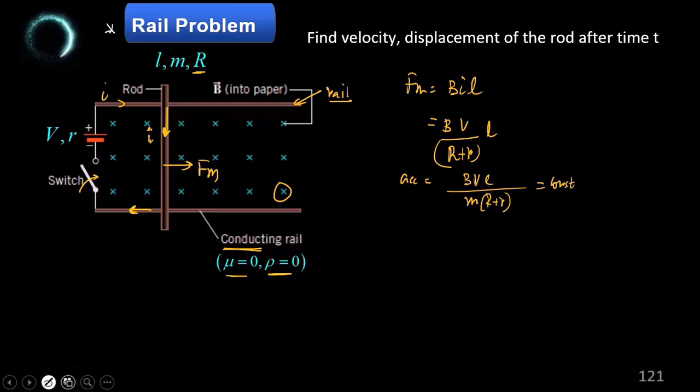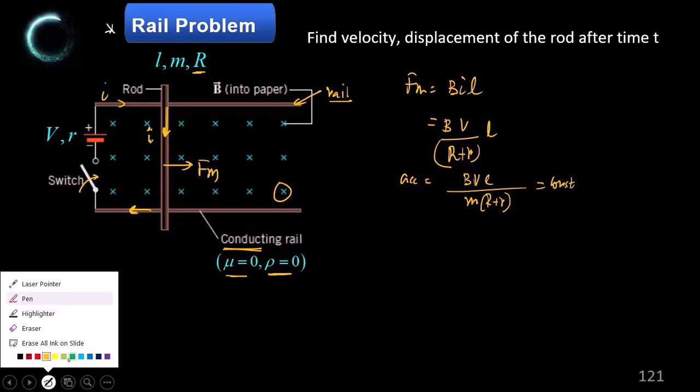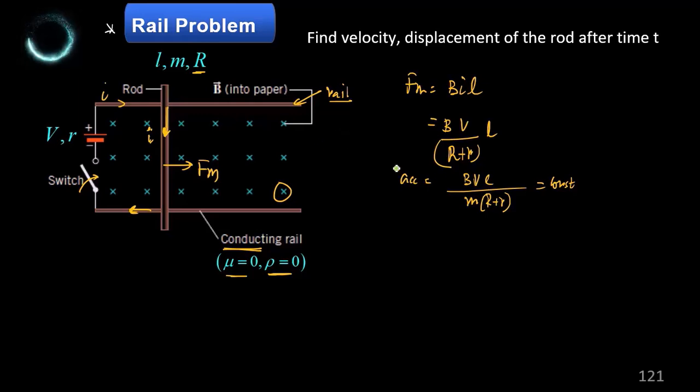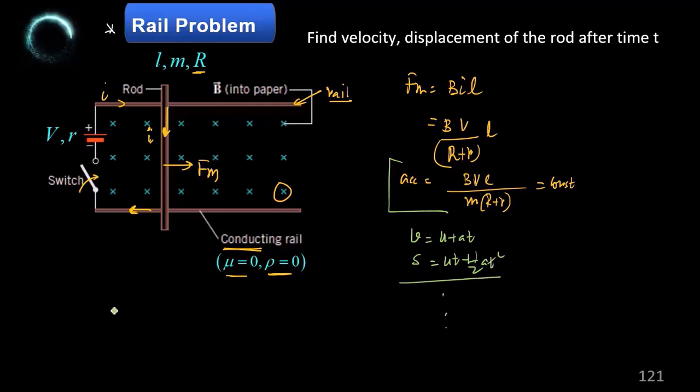So now this rod is moving with constant acceleration. Because of this, I can calculate the velocity after any time t: v equals u plus at. The displacement equals ut plus half at square. These can be calculated, provided the force is constant. So because of the constant force, the net force is basically BVL by (R plus r).